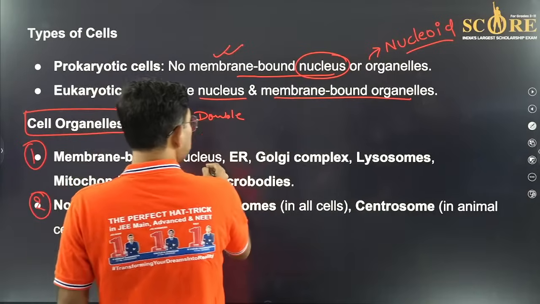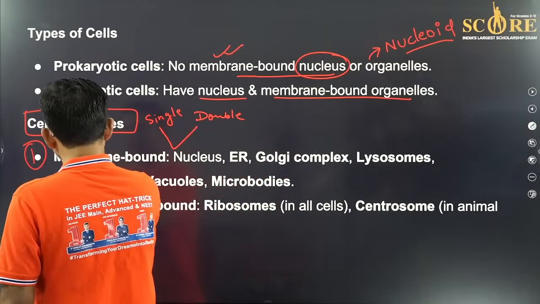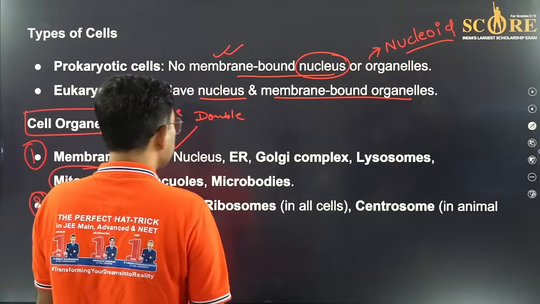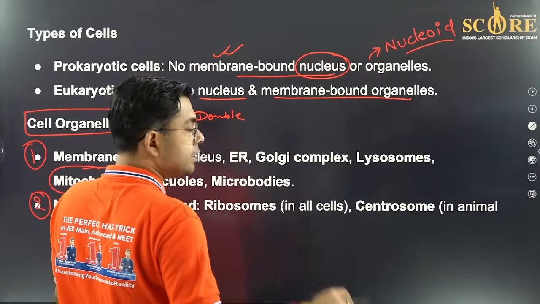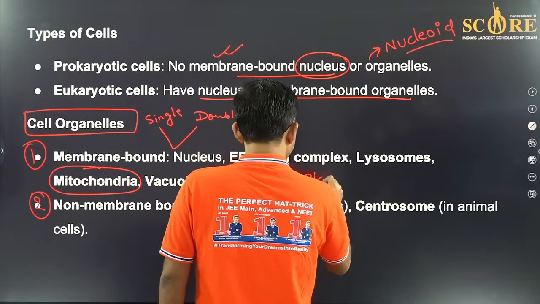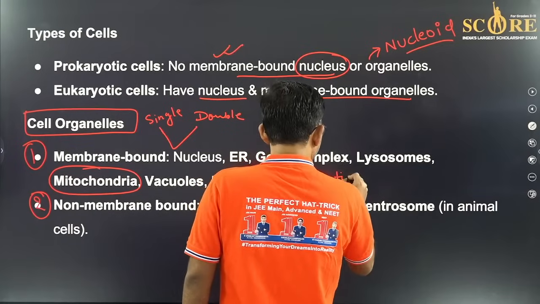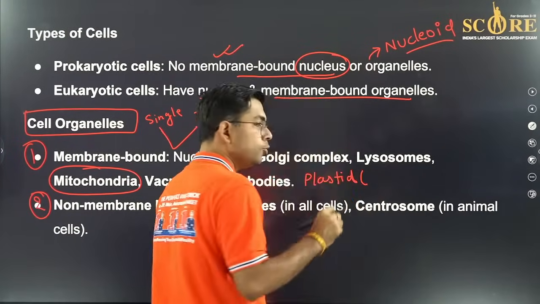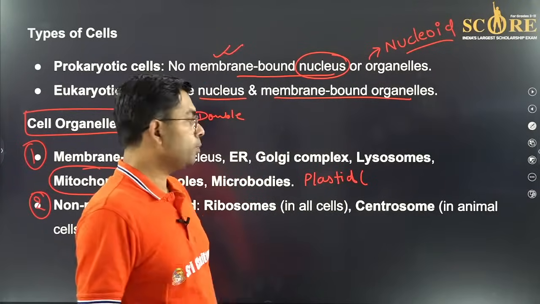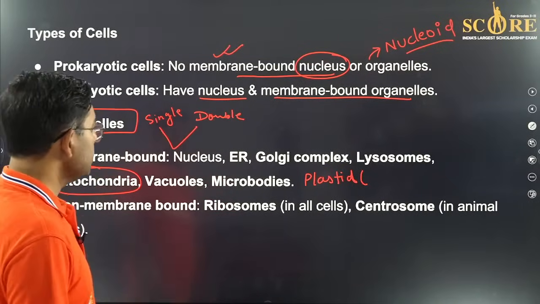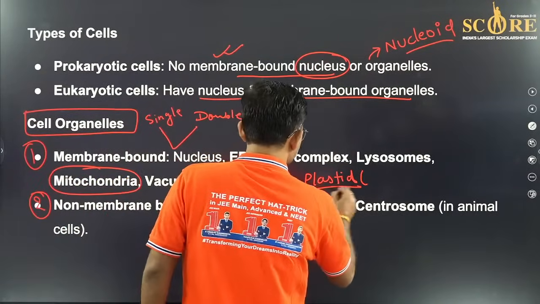So for example, here mitochondria. Mitochondria is a double membrane bound cell organelle, and if we consider plant cell, then plastid, which includes chromoplast, chloroplast and leucoplast, that is also a double membrane bound cell organelle.